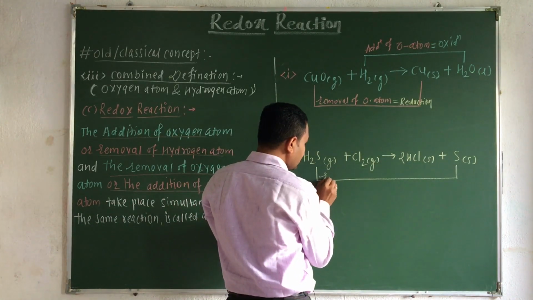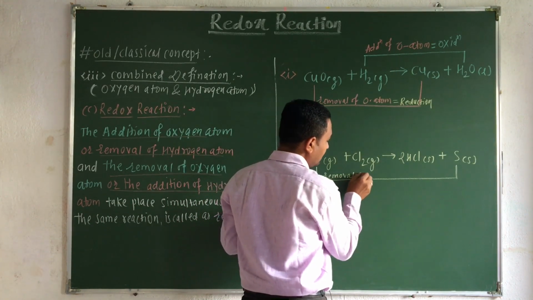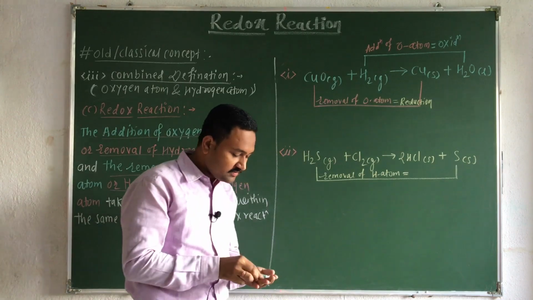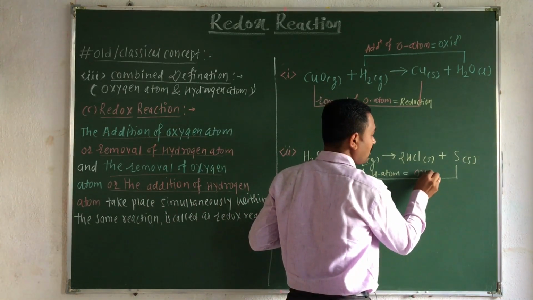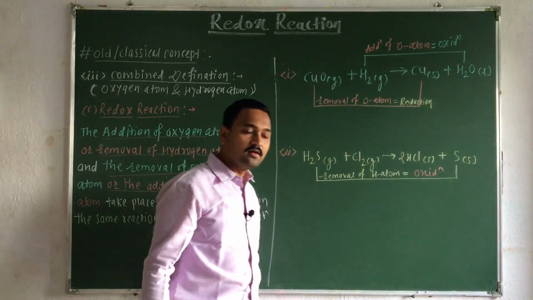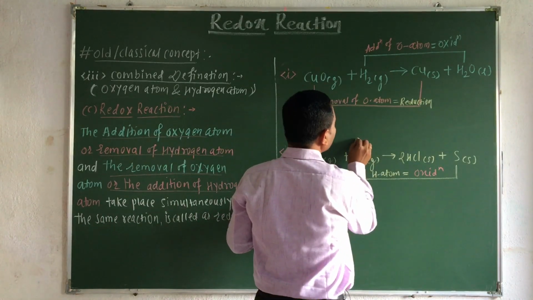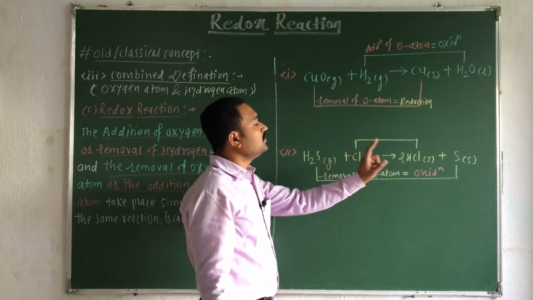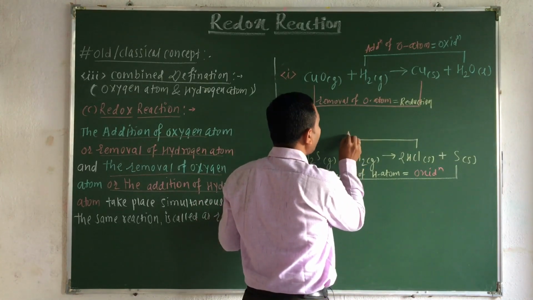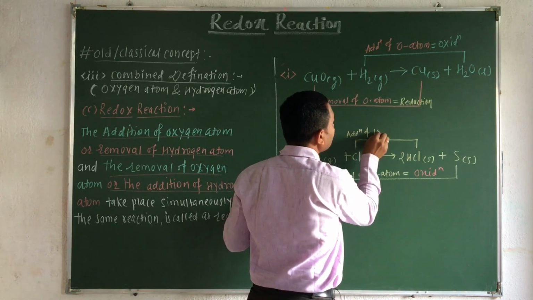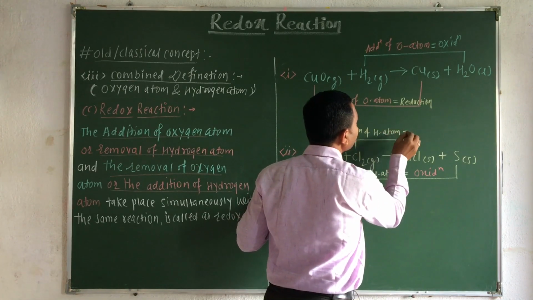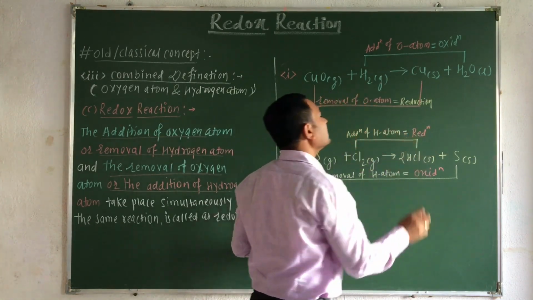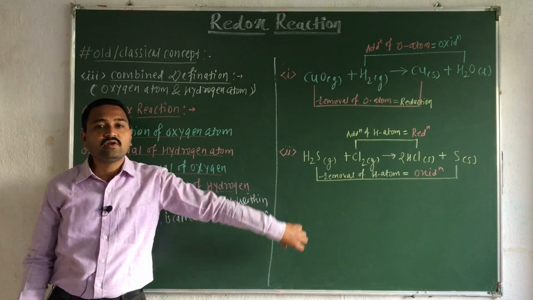So here there is a removal of hydrogen atom, and if there is a removal of hydrogen atom, this process is known as an oxidation process. Now chlorine gas is converted to 2HCl. So here there is an addition of hydrogen atom, so obviously this process is a reduction process. So this is the example of a redox reaction.